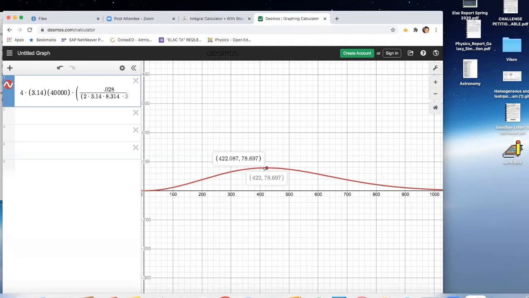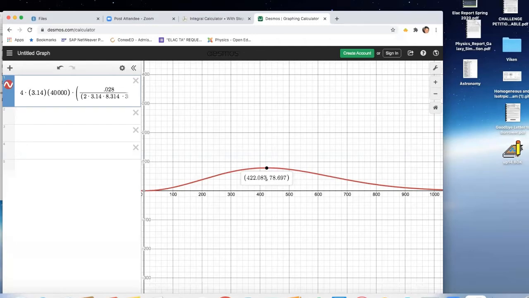Okay, I think that's the maximum. 697. So just based on that, based graphically, the mode, the velocity mode, what we call the velocity that maximizes the number of particles, is what? 422.087.